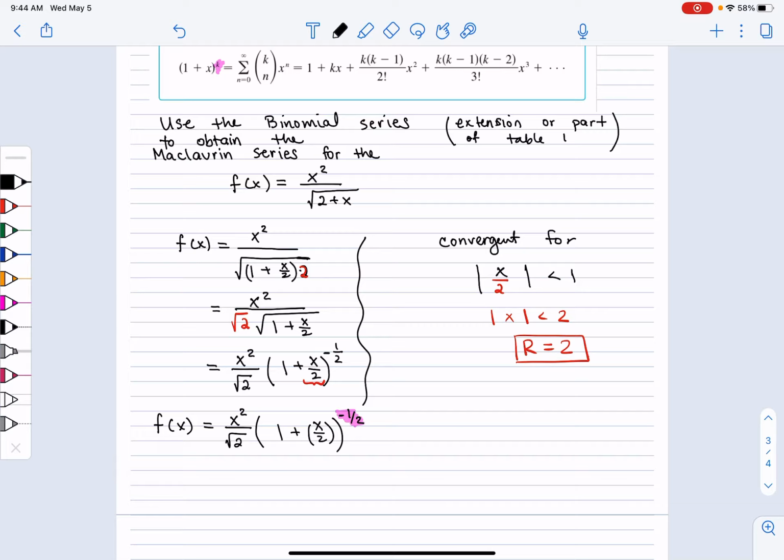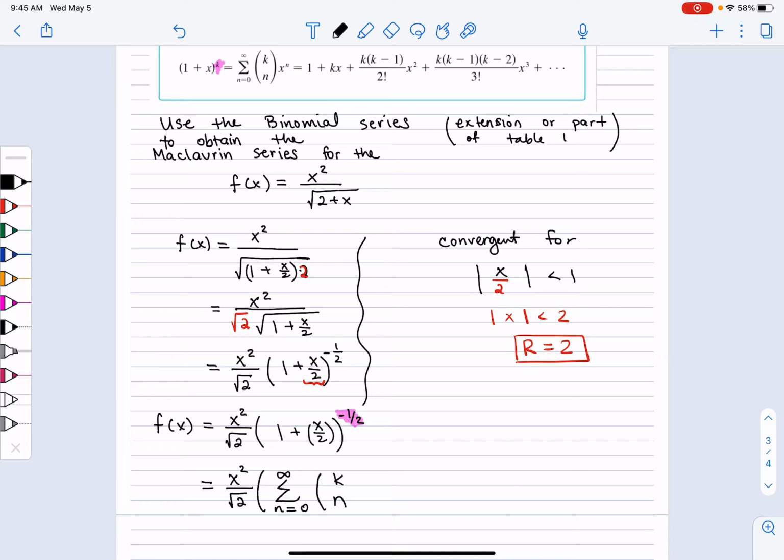So we can now rewrite this as x squared over radical 2 times sigma, as n goes from 0 to infinity, of k choose n, x to the nth power.